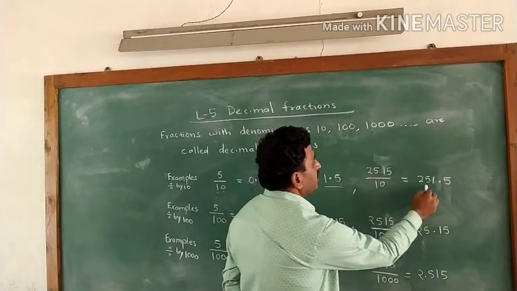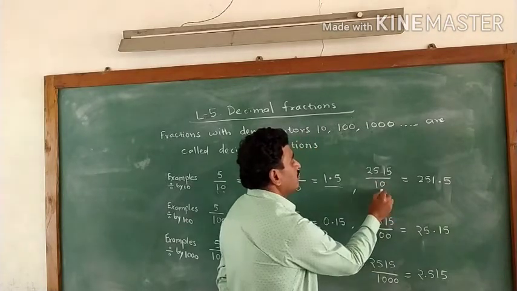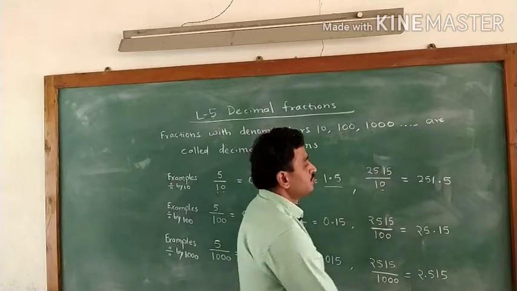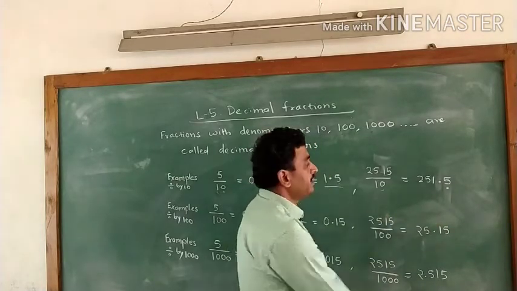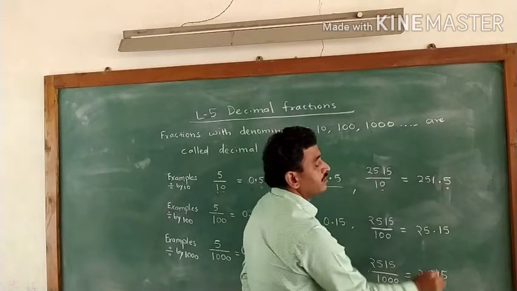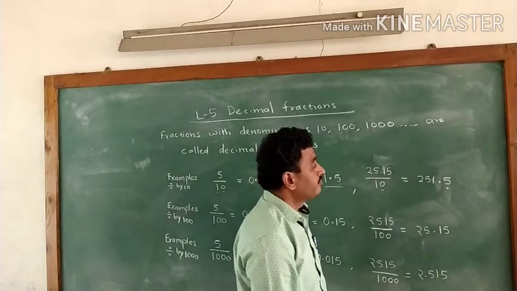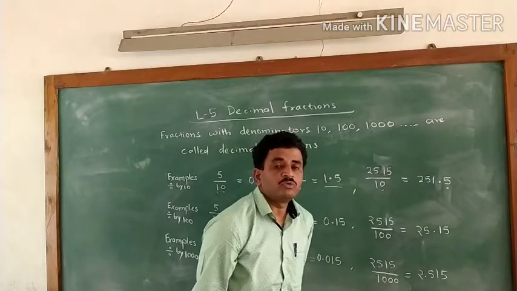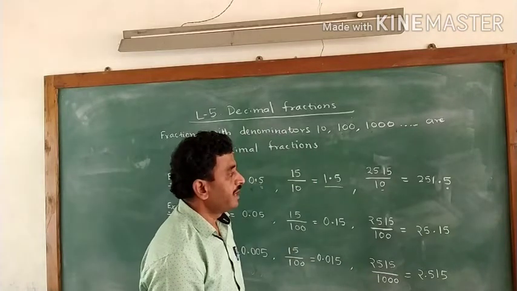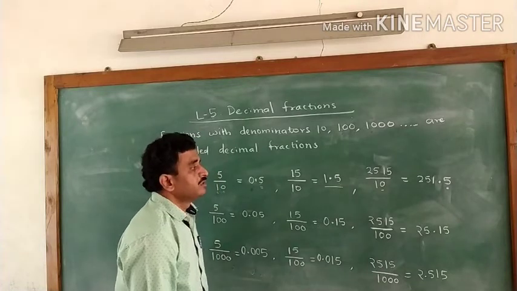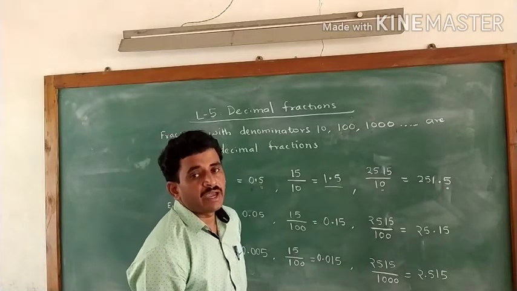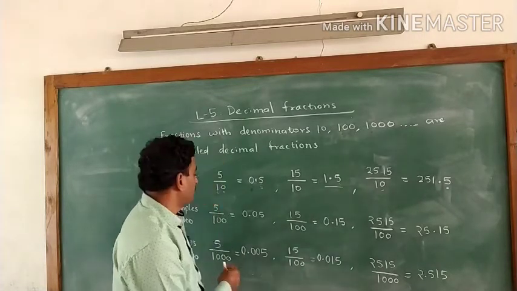We write the number as it is. 1 zero is there, so we leave 1 digit and then put a decimal point. From the right side we have to leave the digits and then give a decimal point in front of the digits which we had left.